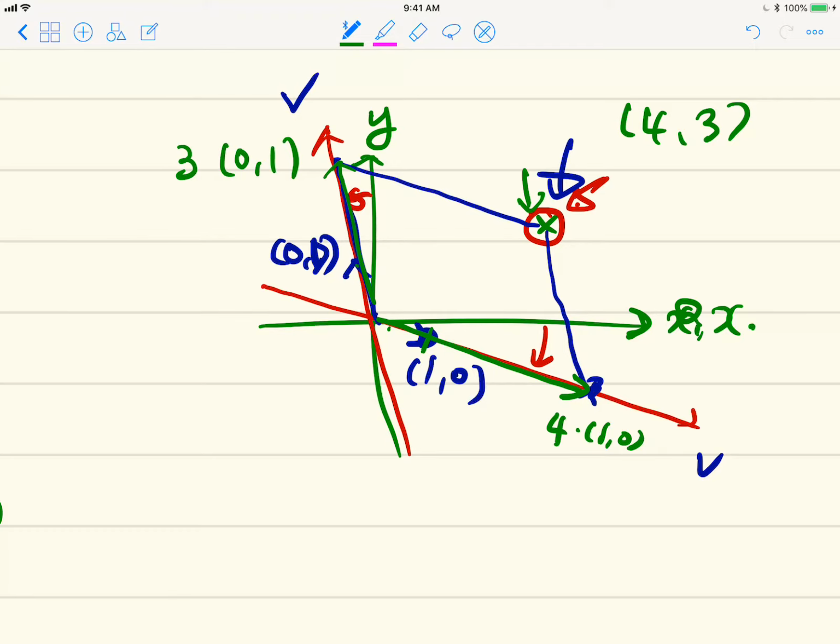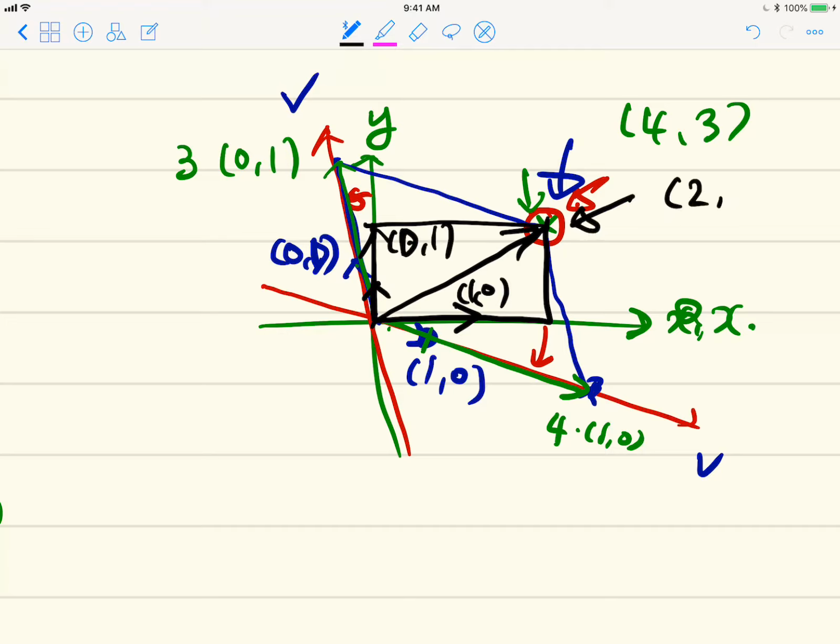Okay, and suppose when using this x and y axis, which looks just like the standard one, we would have formed the parallelogram like this, and suppose maybe this over here was a 1, 0, and this is a 0, 1, and then the coordinate of this point is like 2, 1, right?